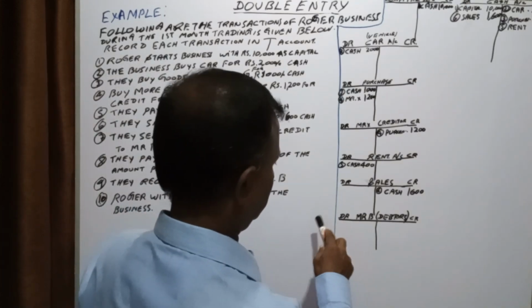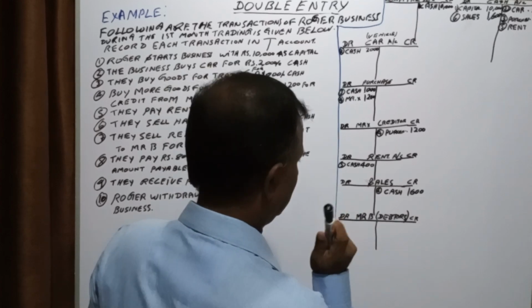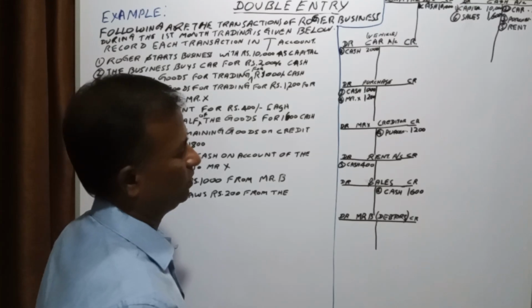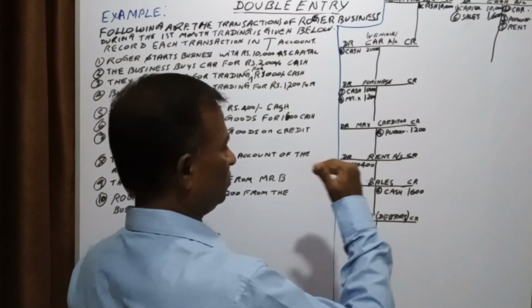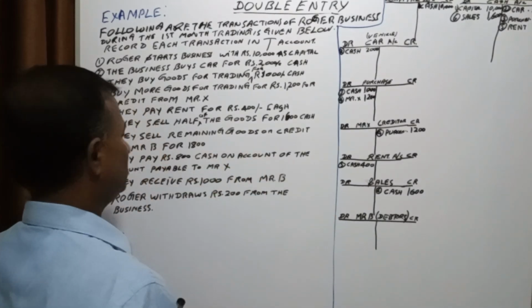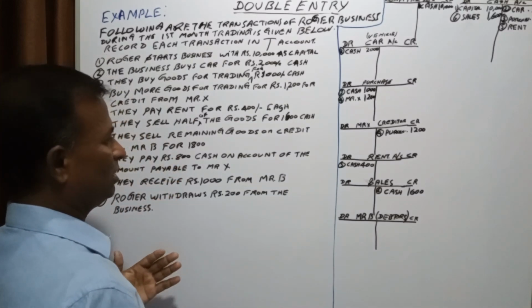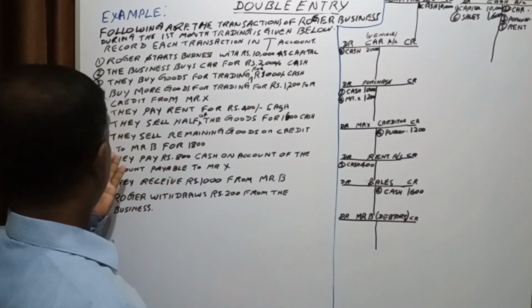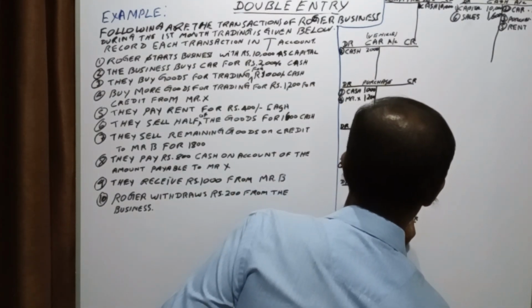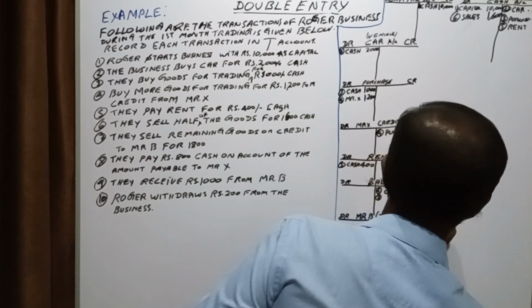Mr. B, we are selling the remaining goods to Mr. B on credit. What are the accounts going to get affected? Sales account and Mr. B's account. Sales account always will increase because revenue is increased by 1,800. This is number 7, 1,800.